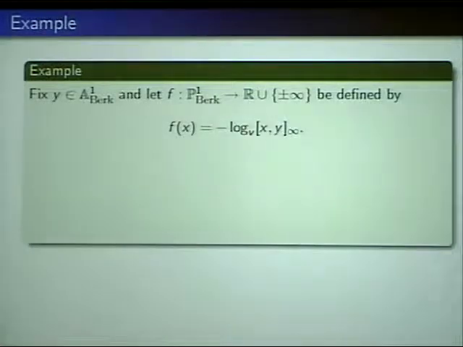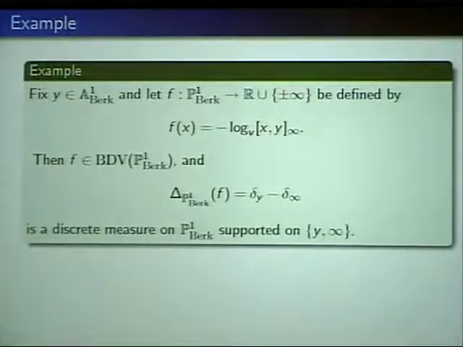So, for example, take the function f on the Berkovich projective line, which is minus log of this canonical distance. So remember, this canonical distance was the Berkovich space extension of just the absolute value of x minus y. And so what is the Laplacian of this thing? This is an example of a function in BdV.